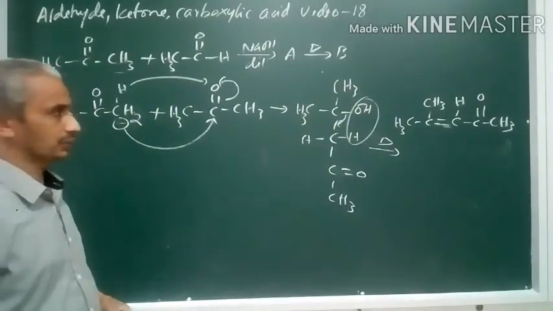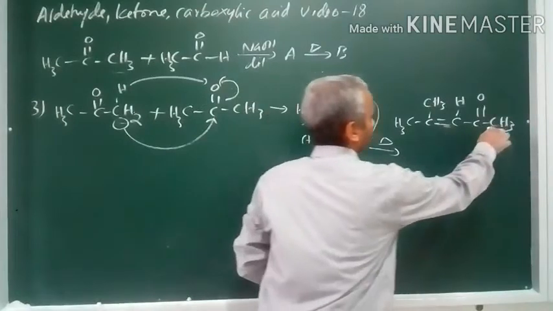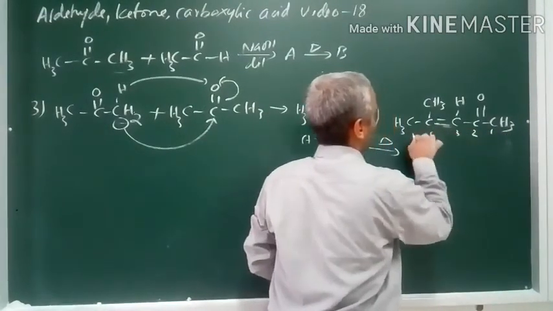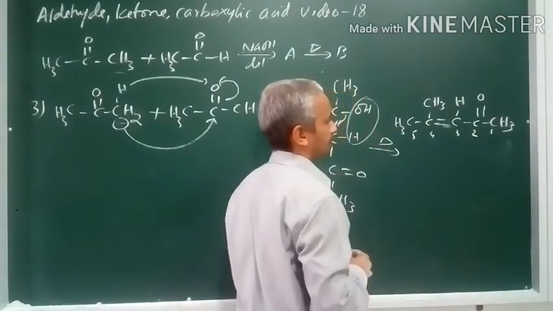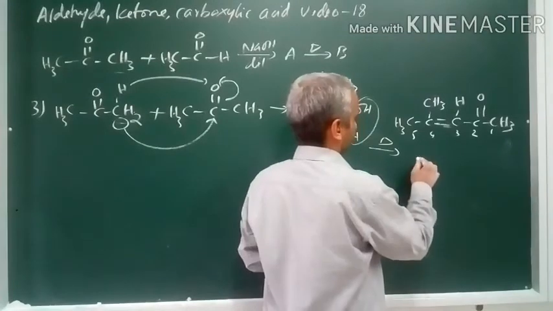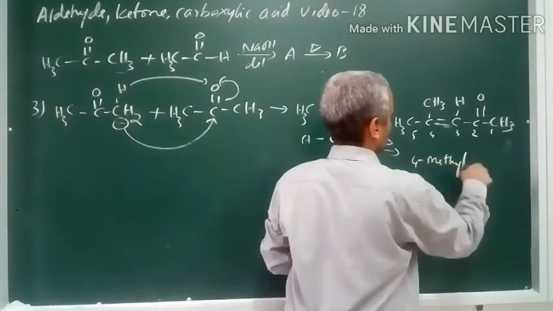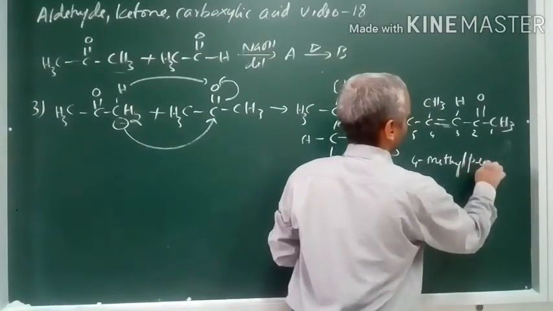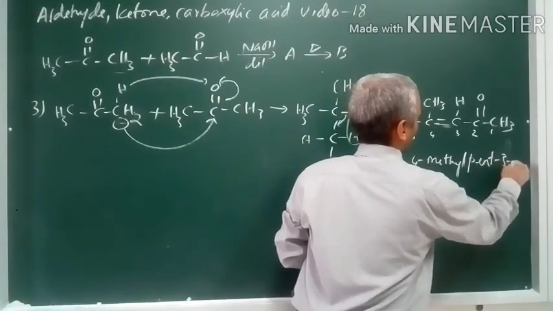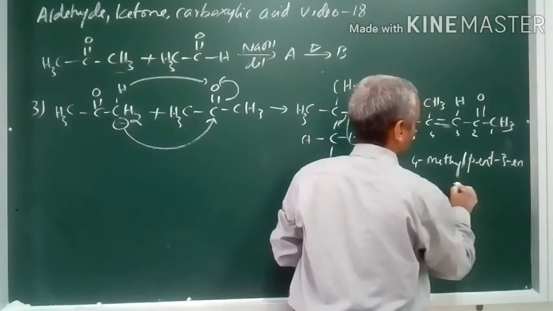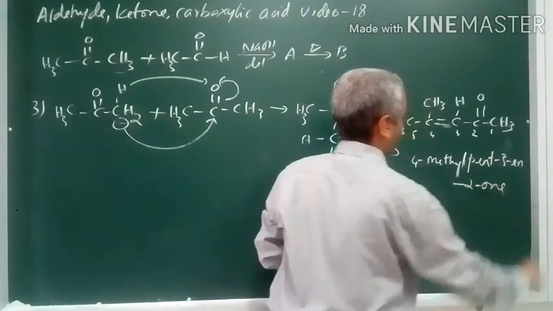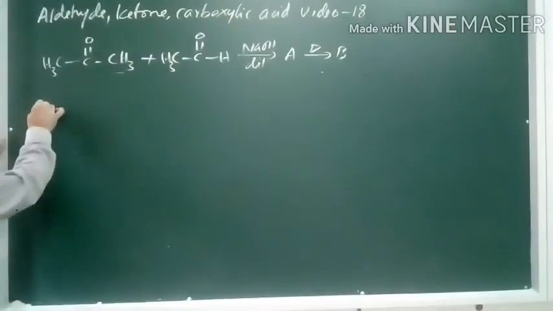What is the product name? 1, 2, 3, 4, 5. 4-methylpent-3-en-2-one.